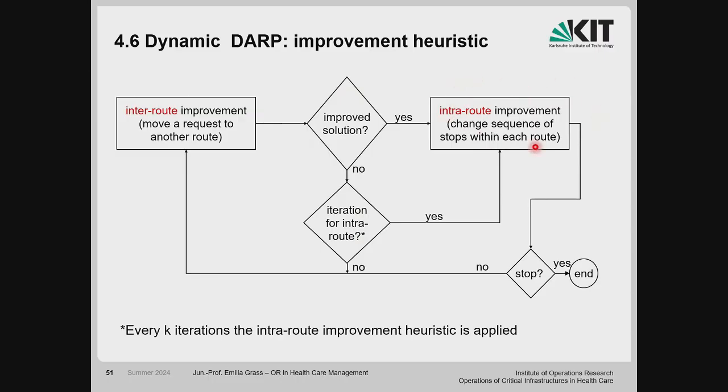An idea why we are doing that after a particular number of iterations? Why are we going to the intra-route? Why not taking another patient or another request?